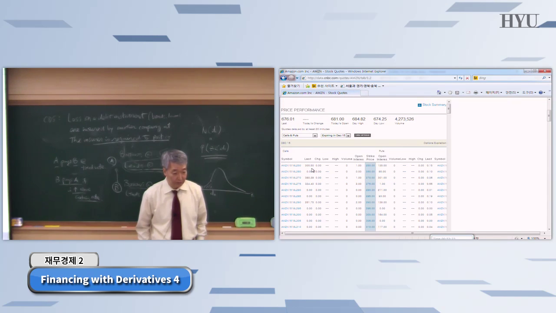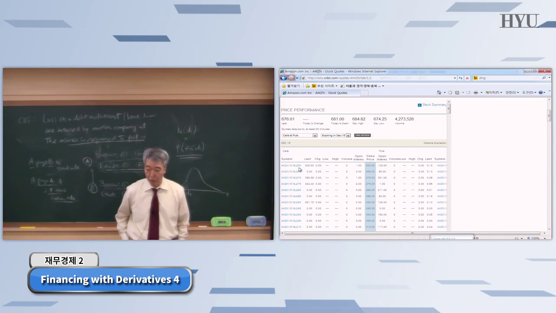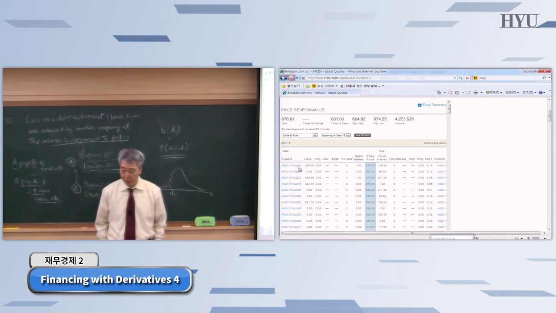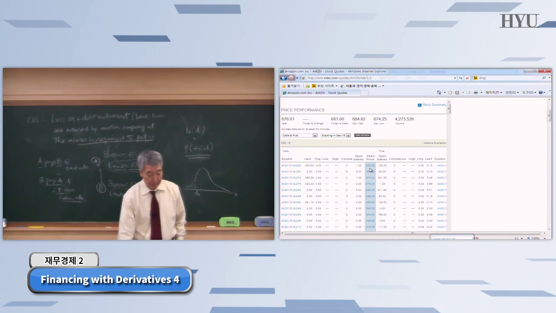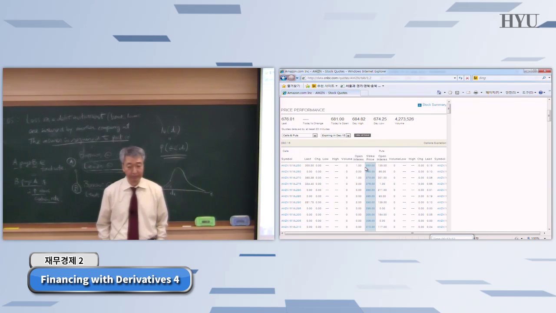Does it make sense? Right now, the stock is selling at $676. And if you hold this option, that allows you to purchase this Amazon stock at $250. You can pay only $250, right? And for that, you have to pay $300. But if you add that, that's only $550, right? I would buy that.